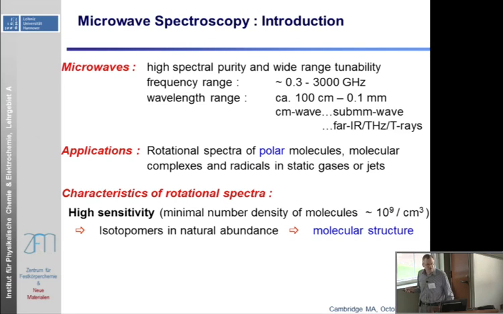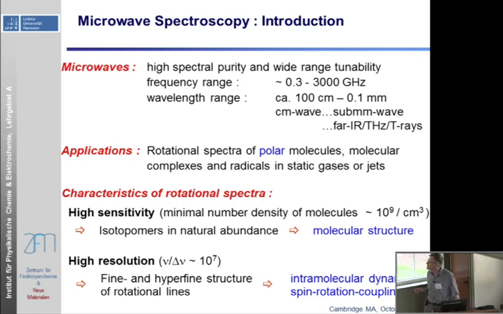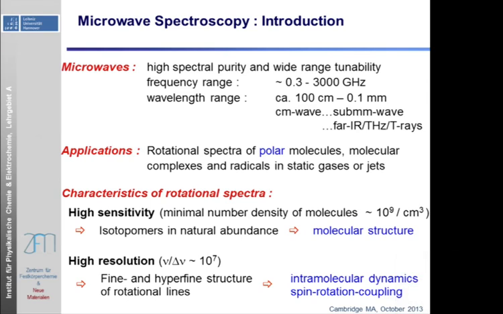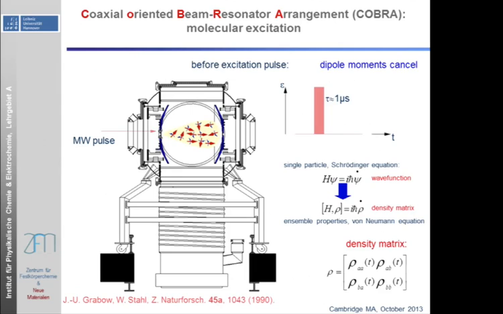But we tend to have quiet detectors, and we regain a lot of that. We can therefore see isotopomers in natural abundance and in many cases determine molecular structure. We have high resolution. We can resolve fine and hyperfine structure of the rotational lines and use these splittings to determine intermolecular dynamics, or, from the spin-rotational coupling, electronic structure in the molecule.